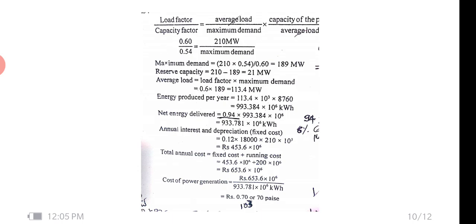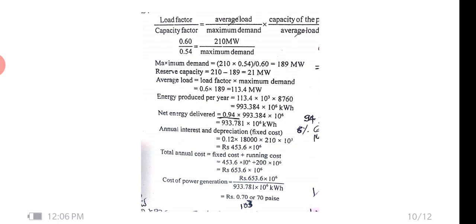So in this problem we have not seen it per megawatt. Now we have seen it per kilowatt, like capital cost was given as 18,000 rupees per kilowatt. We have seen that interest and depreciation are clubbed together and shown as 12%, and the fixed running charges are given as 200 into 10 raised to 6. The capacity factor is given as 54%, and the load factor is given as 60%.